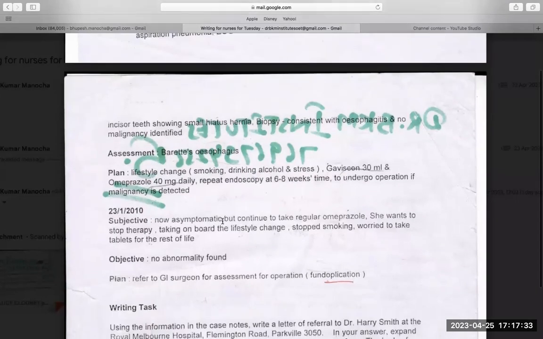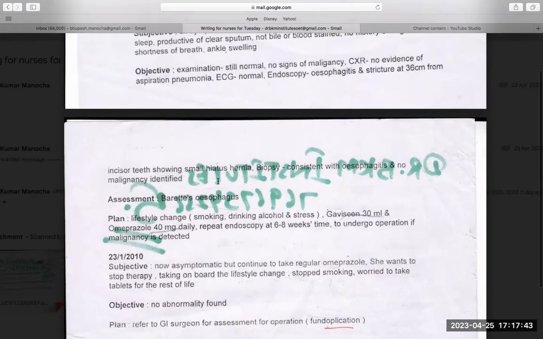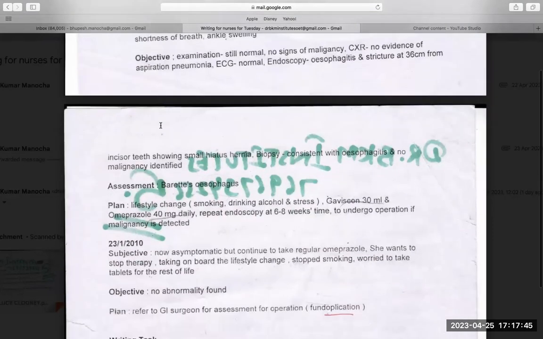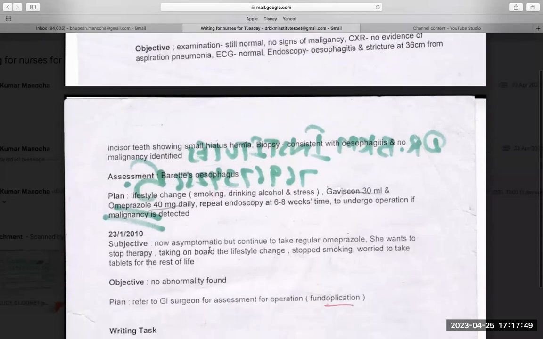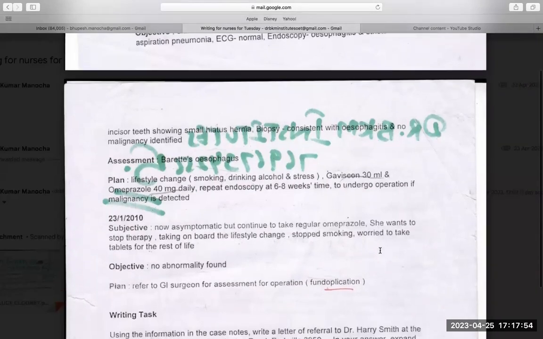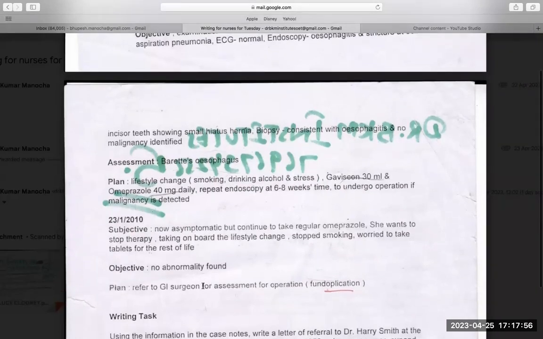Now he is asymptomatic, but he needs to take omeprazole. He is worried to take these tablets for the rest of his life. He was advised to make lifestyle changes in November. And in January, that means after 2 months, he is perfectly fine. But now the problem is that he does not want to continue medications. So this is the current problem. So he is being referred to you for the assessment of operation.